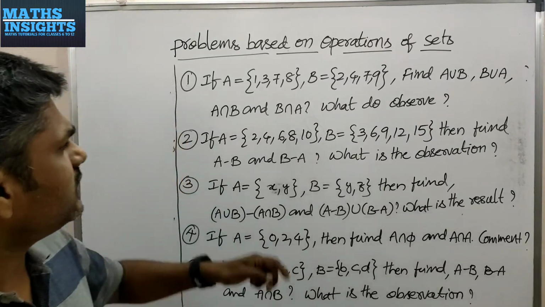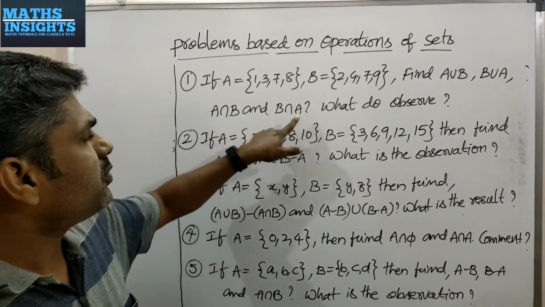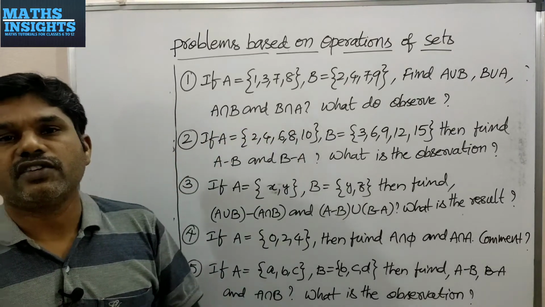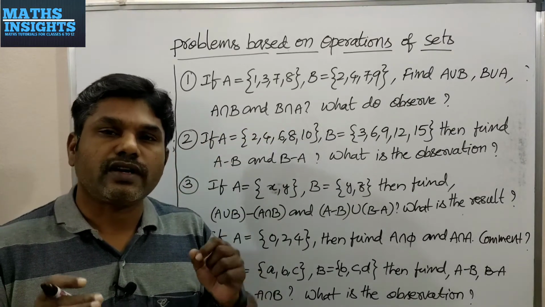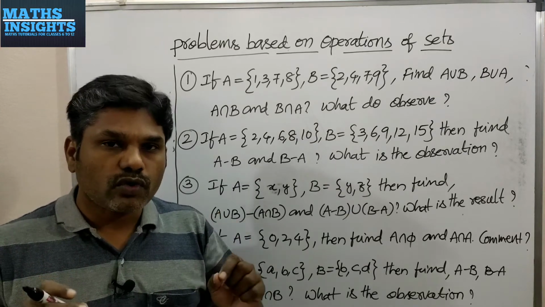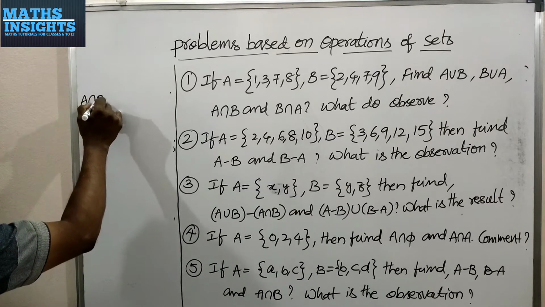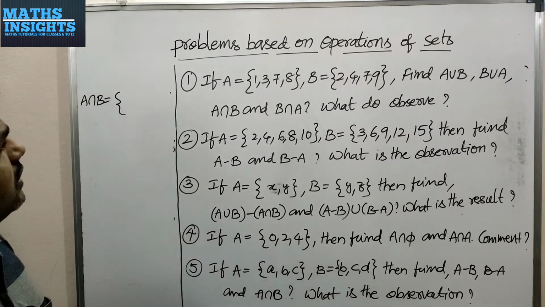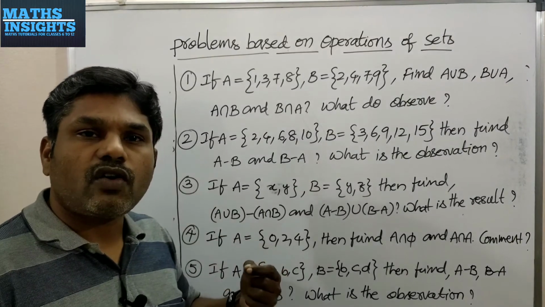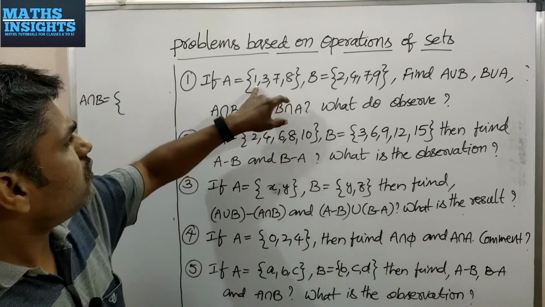Similarly, if you calculate A intersection B and B intersection A. Intersection B is a set which contains the elements of both A and B. Therefore, I am writing A intersection B. You have to search whether A and B are having any common elements. So 1 is not common.